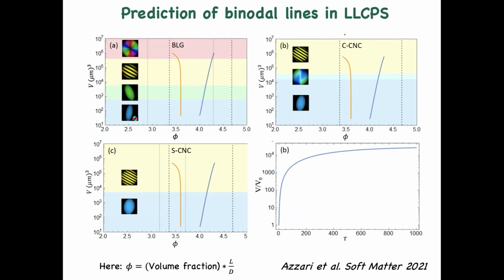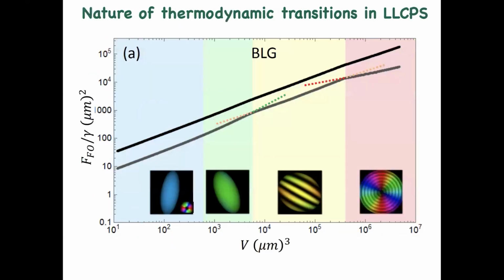Each time you change color, you change symmetry, and the binodal lines evolve continuously. And now we can even know the nature of the transition, according to at least the first classification. And you see, this is the total free energy. We take out the gamma r squared, which is a well-behaving function.